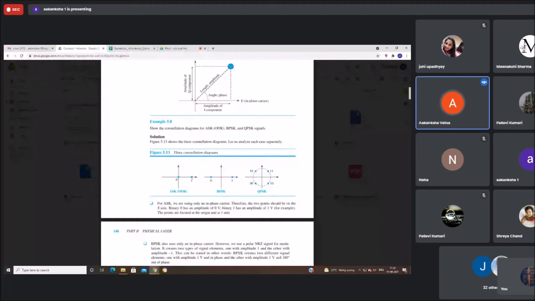So my x-axis is representing the amplitude of the signal. There will be two amplitudes, 0 amplitude and 1 amplitude, two signal levels.